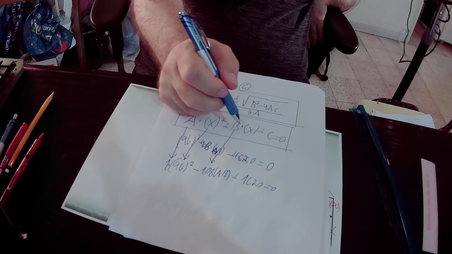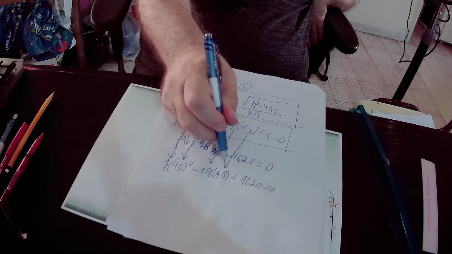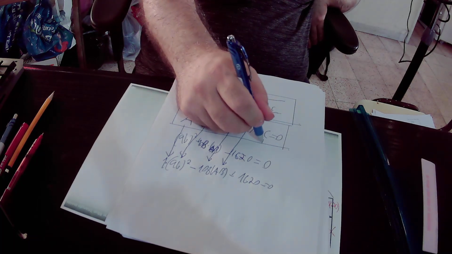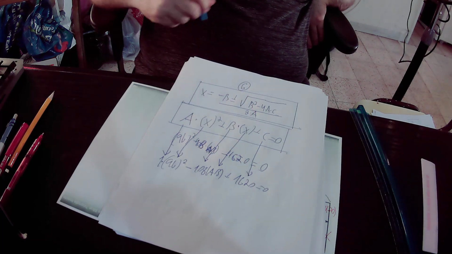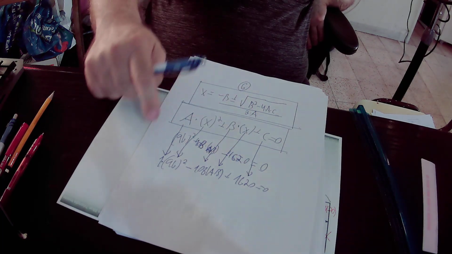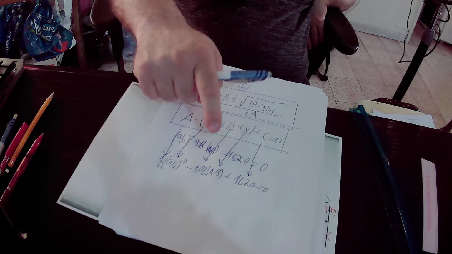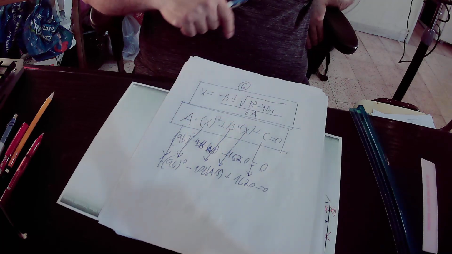Again, x equals ab, and c equals positive 1620. Okay, again, a equals 1, x equals ab, b equals negative 108, and c equals 1620.